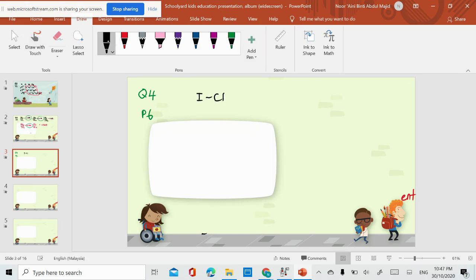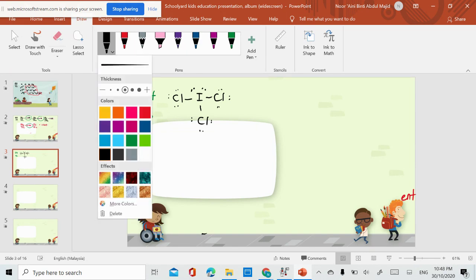So if you look at the Lewis structure, you will get something like this. Okay, this is the final structure. You have to start from scratch with two lone pairs around the central atom, iodine.